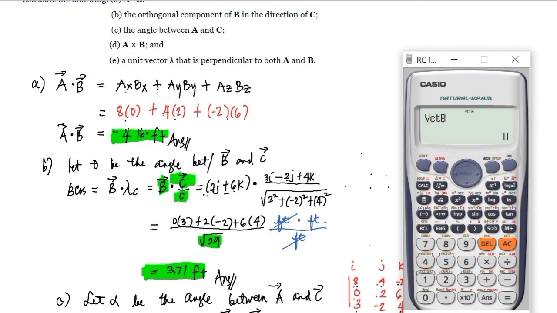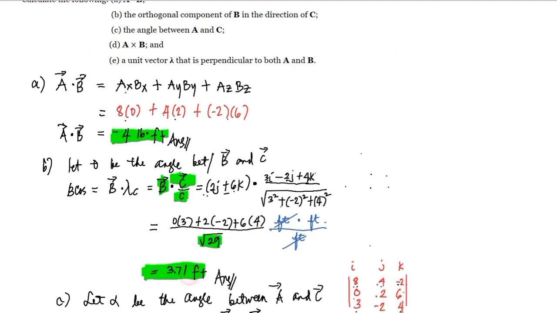And dot product, so we have shift dot product 7. And then vector C, so we have shift vector C is 5 divided by the magnitude. So since the magnitude of the vector C is height, so shift height, select vector C. Vector C is 5. And we have here 3.71. And the 3.71 is our answer.